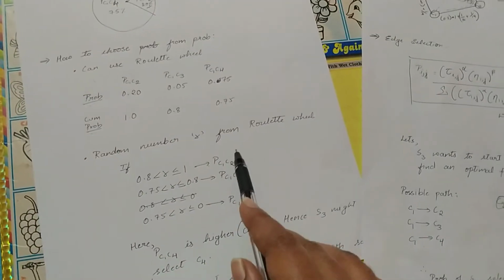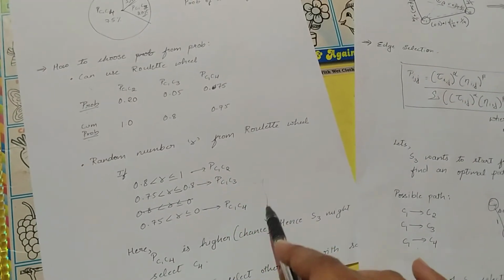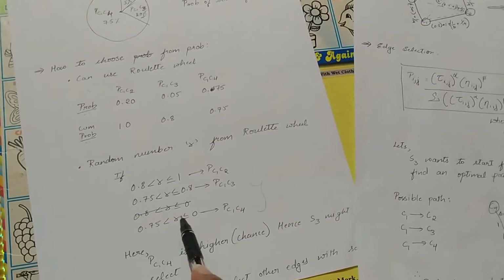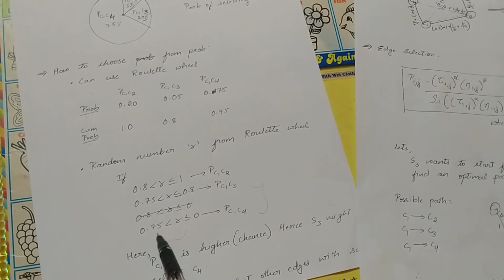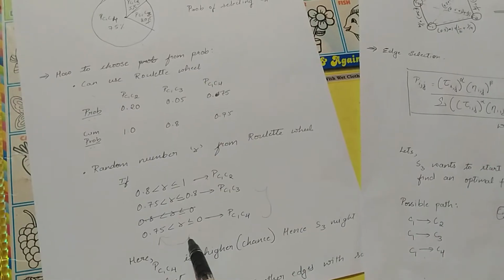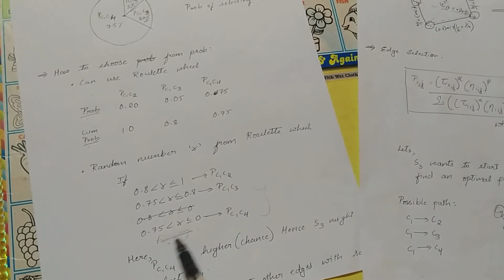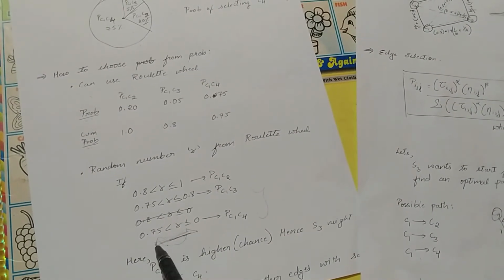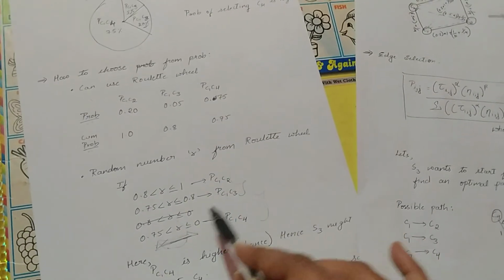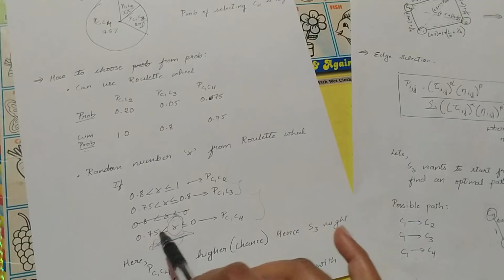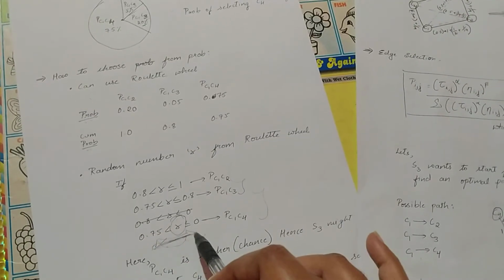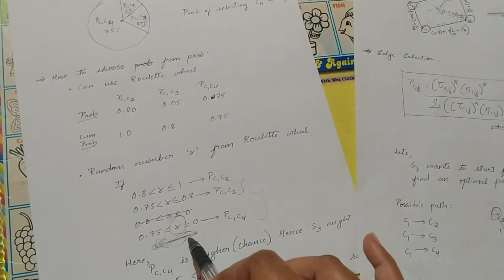Now, in a general sense, we know the chance of the random number being between 0.75 and 0 is higher, because this range is larger than all the other ranges. So most of the time R lies between 0.75 and 0. It has a high probability.